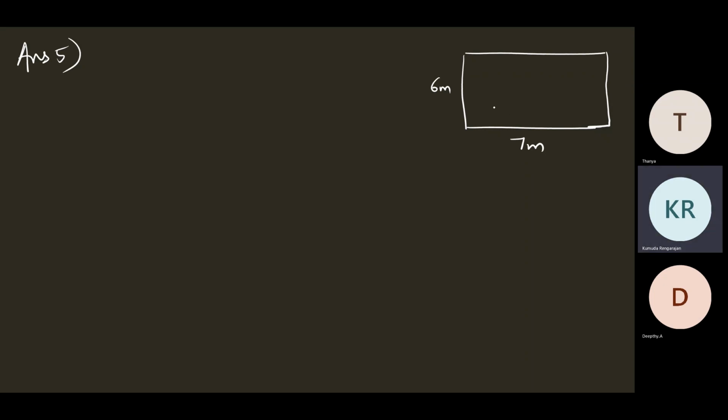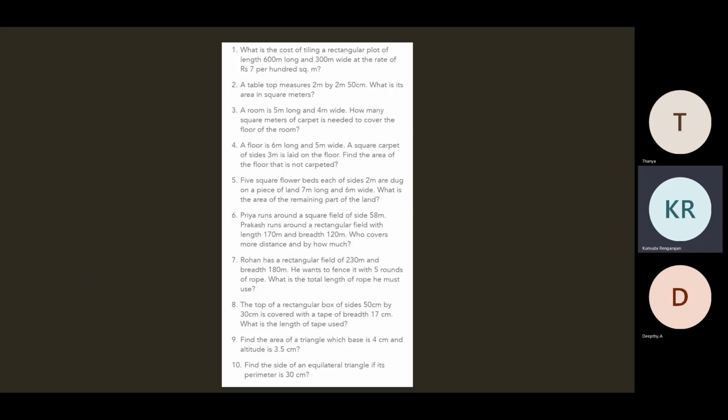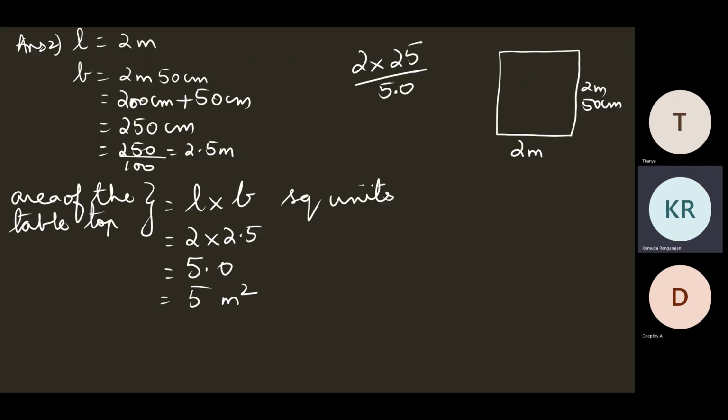Now, inside this land, there are square flower beds. You can see here, 5 square flower beds. Okay, so they are dug. And the side of each flower bed is 2 meters.